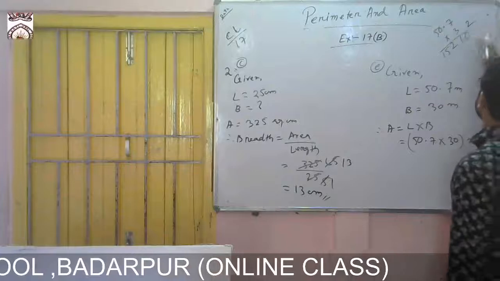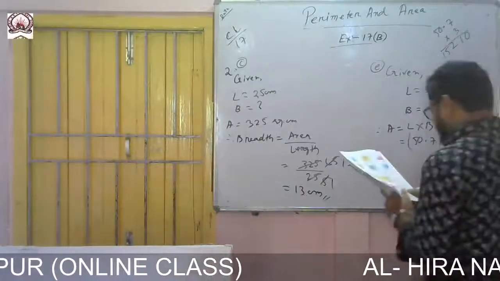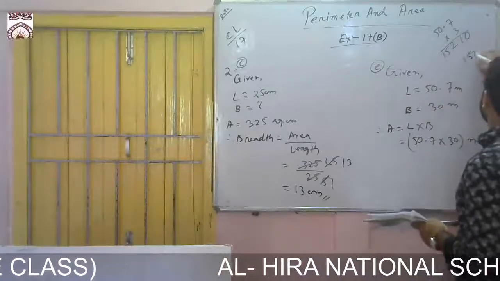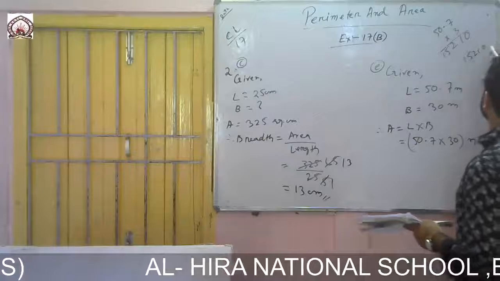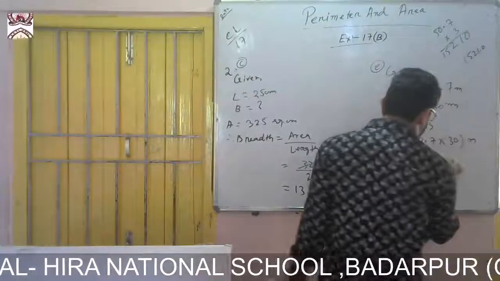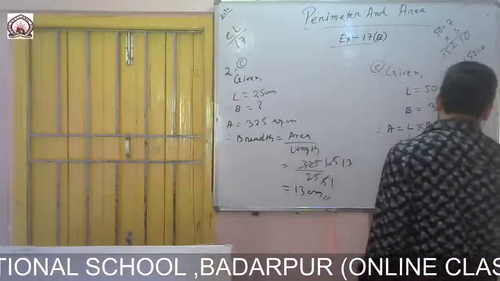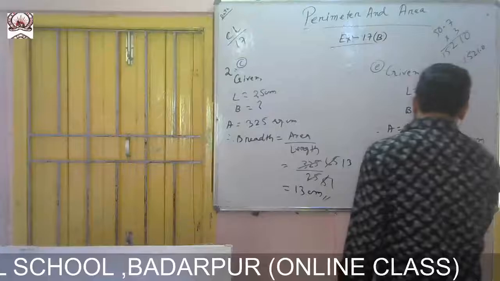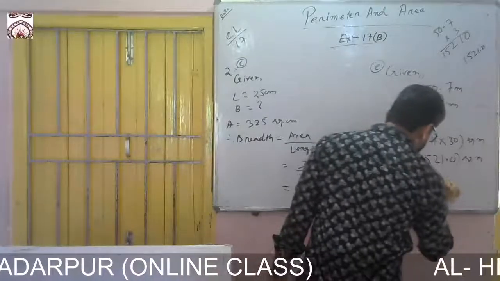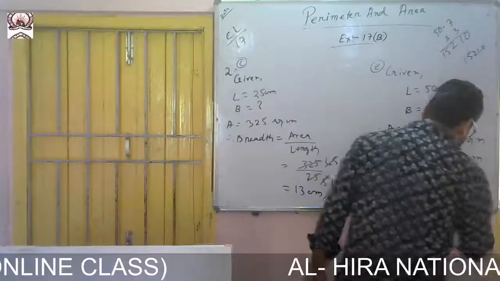Then the point comes after... so 15210 and 1 point is there, so 1521.0 will come. Square unit, square meter. So I can write 1521, this 0.0 I can ignore. Square meter.